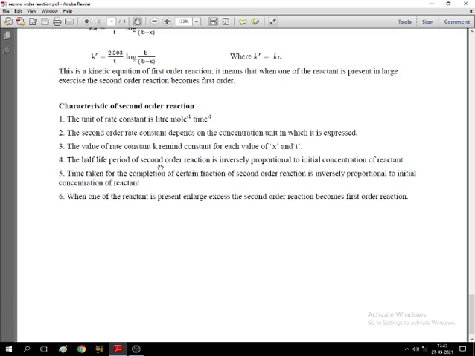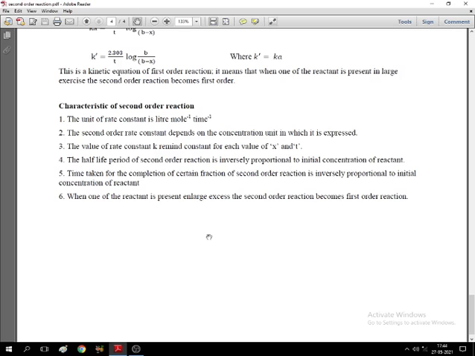The half life period of second order reaction is inversely proportional to the initial concentration of a reactant. The time taken for completion of a certain fraction of second order reaction is inversely proportional to the initial concentration of reactant. When one of the reactants is present in large excess, the second order reaction becomes first order reaction. Now these are the characteristics of the second order reaction.